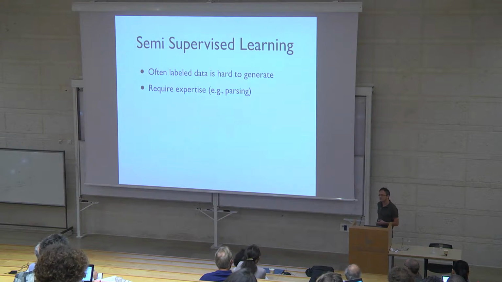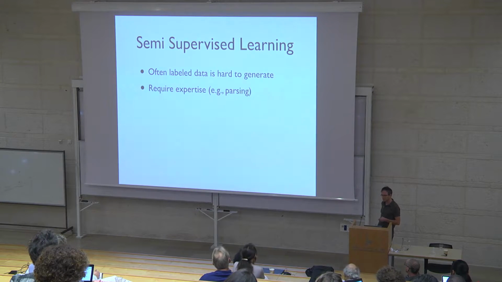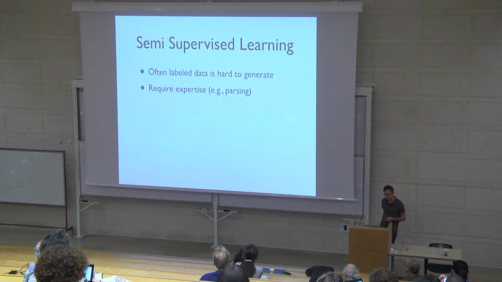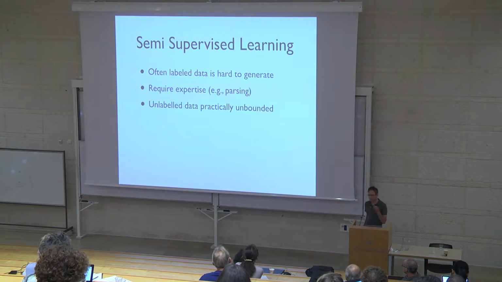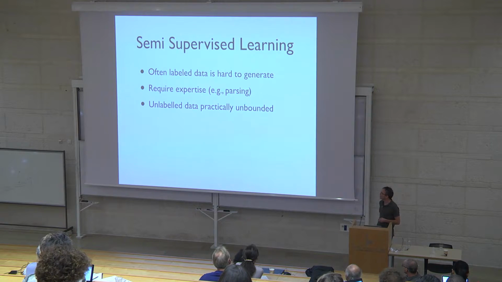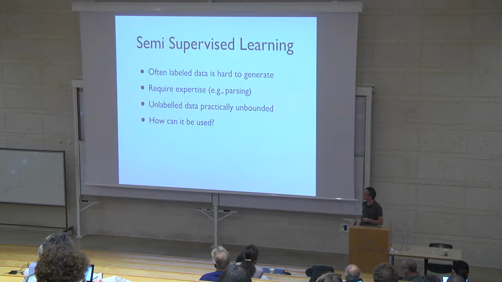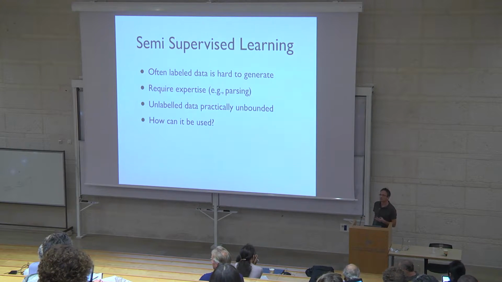To parse sentences, it requires expertise on the part of the annotators. On the other hand, unlabeled data, that is, say in the example of images, just images without someone telling you what's in the image, that's practically unbounded, right? There are billions of images on the web. So it's a major challenge of machine learning nowadays to be able to improve algorithms by using this unlabeled data.